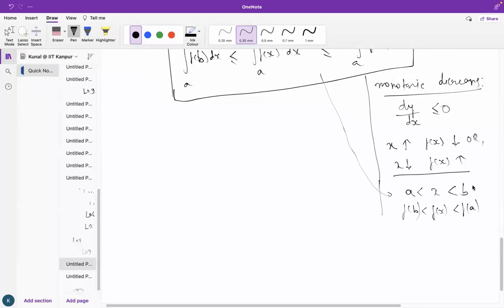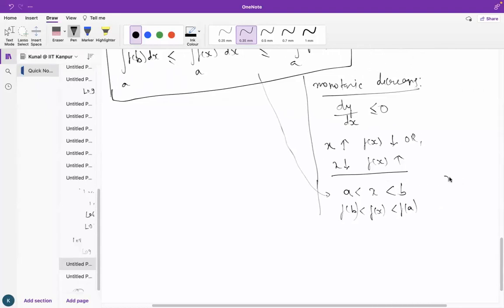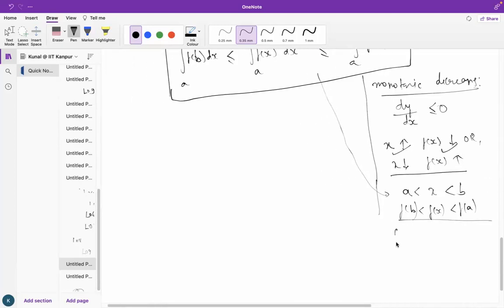So our x maximum value is B, and f(B) is the minimum value. X increases, f(x) decreases. This is our condition, and when we integrate this from A to B, it follows the same trend. I hope you all understand what I'm trying to say.